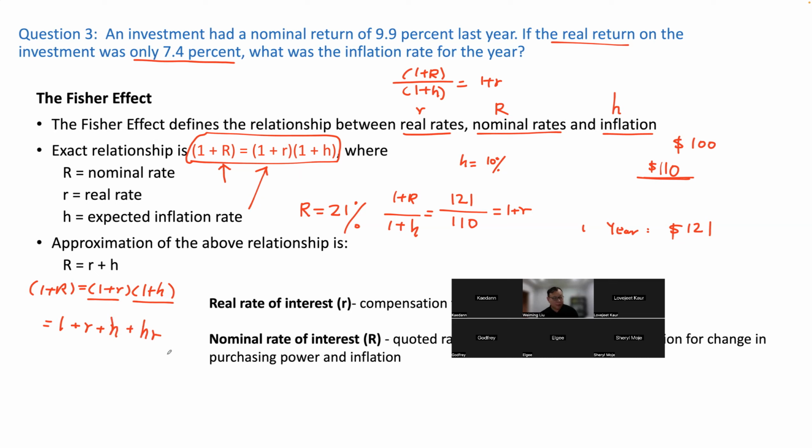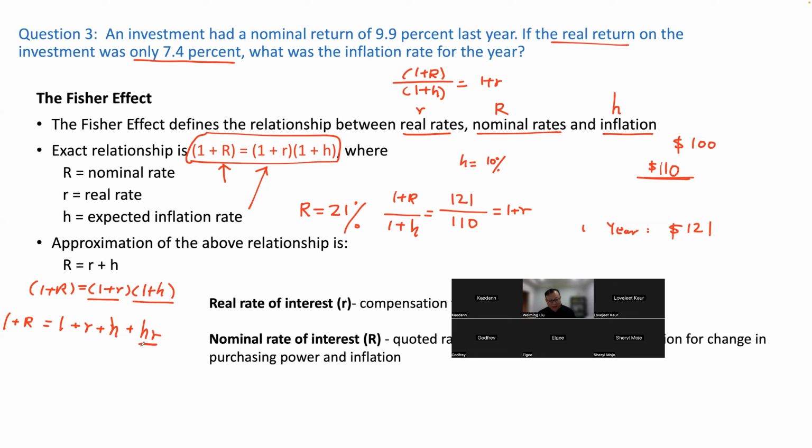Okay, so 1 plus big R equals this. So you know r and h, right? This is the percentage in decimals. Normally r and h are small numbers compared to 1, so two small numbers multiplied is even smaller.